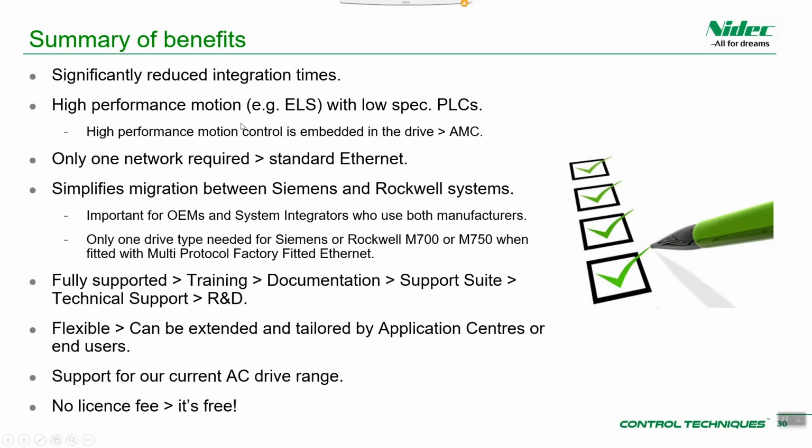You have relatively high performance motion, so you have the ability to make an electronic line shaft type system, for example, using the EGB function block with a relatively low spec PLC. So, for example, you could use something like from the CompactLogix range an L24 and end up with synchronous motion between two axes, even though that PLC itself doesn't natively support synchronous motion.